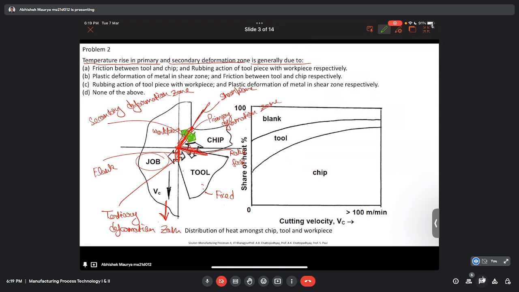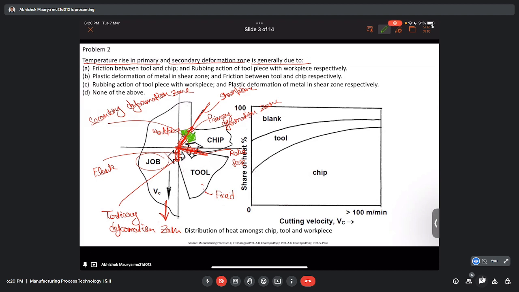It signifies that of the heat generated in the primary shear zone, the majority is carried away by the chips, and a minor portion is retained within the workpiece.